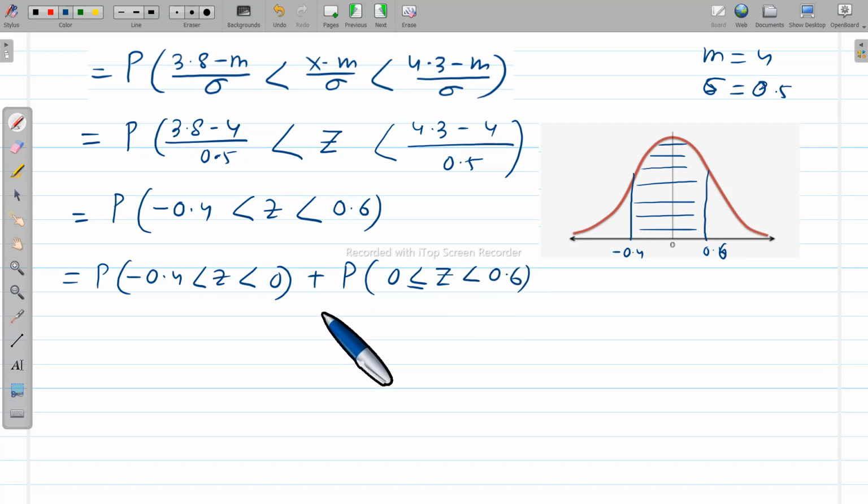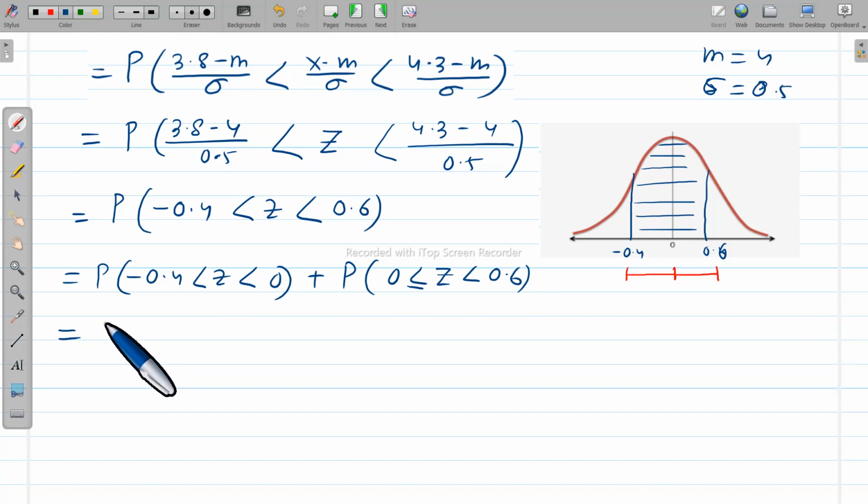Suppose you have a question in your mind, can I consider this equal sign on this side? Any one side you may consider, either here or here. So now it is clear. We have considered from minus 0.4 to 0 and 0 to 0.6. That is the total area.